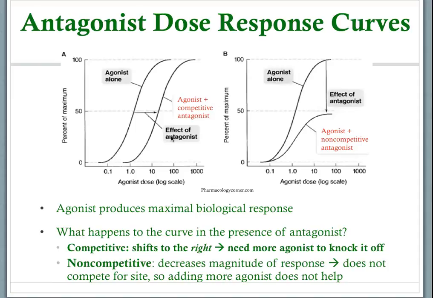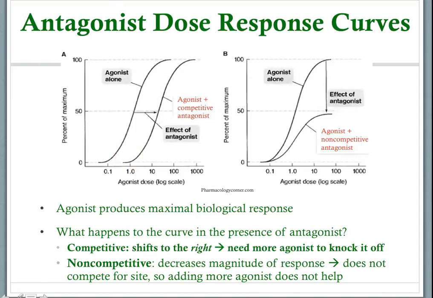Well, that means that if the competitive antagonist binds to the endogenous ligand's binding site, the binding site of the agonist, it's going to block the agonist's ability to bind. It gets in the way. Remember, competitives get in the way. So the only way to stop this from happening, and to beat this competitive antagonist at their own game, is to ramp up the concentration of our agonist.